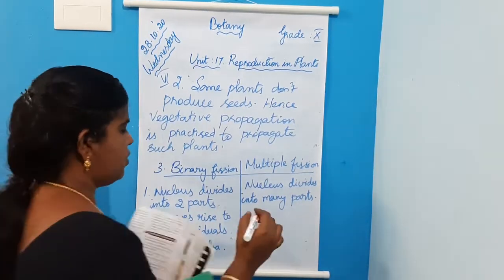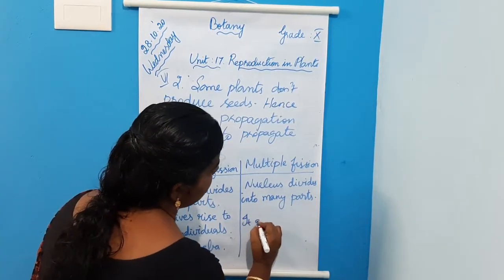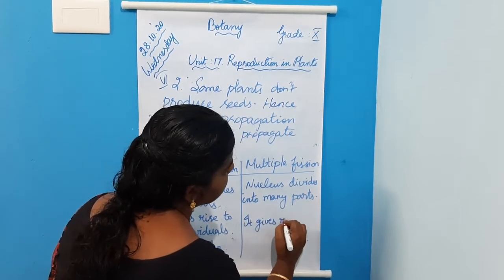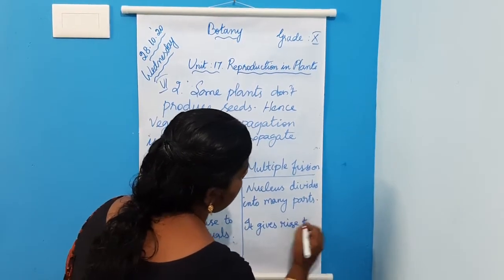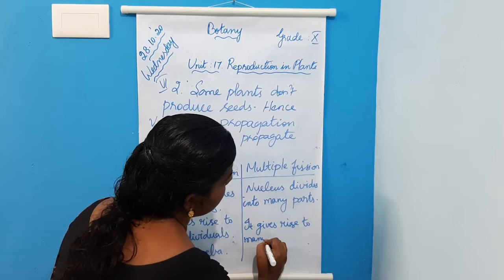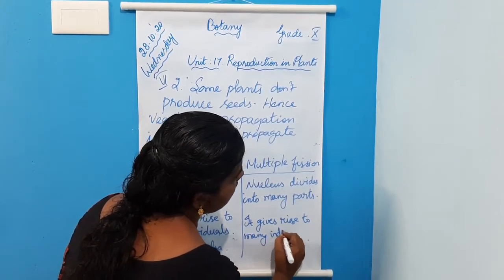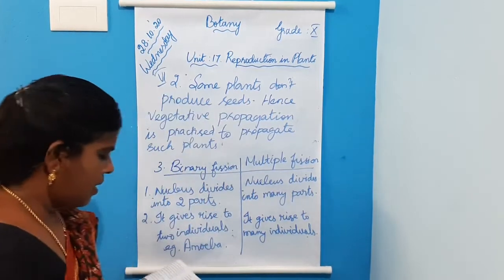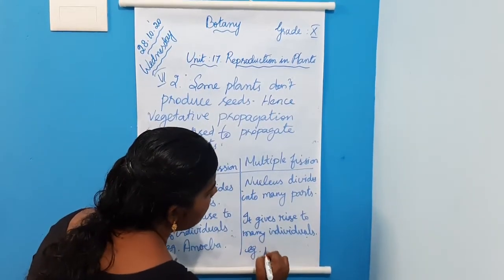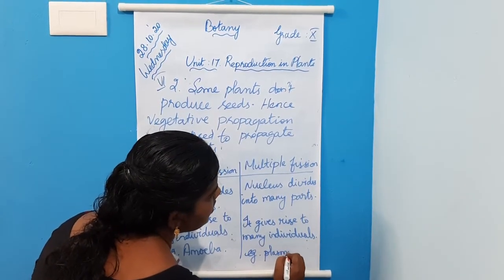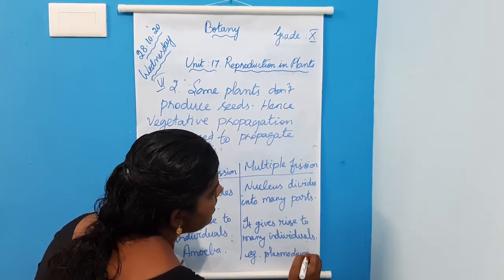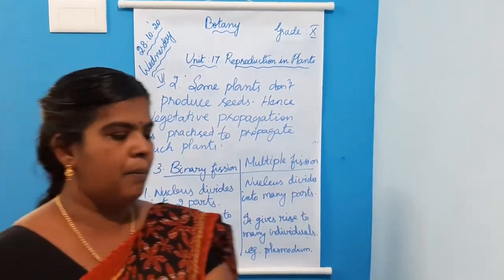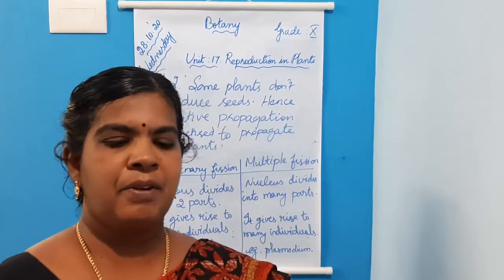Here, multiple fission gives rise to many individuals. Example, plasmodium. Okay. So these are the differences between binary fission and multiple fission.